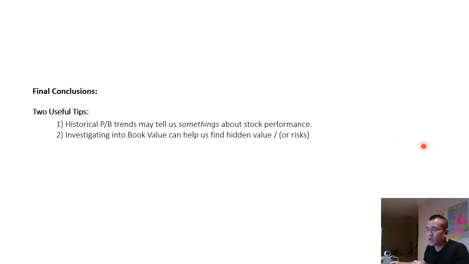And two, when you actually investigate into the book value itself, you can find hidden value or risks, and maybe you know something the market doesn't know, and you can act before the rest of the market acts.